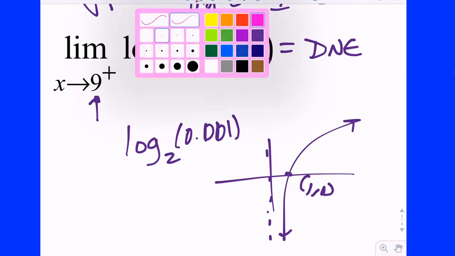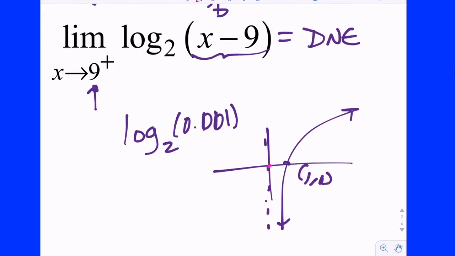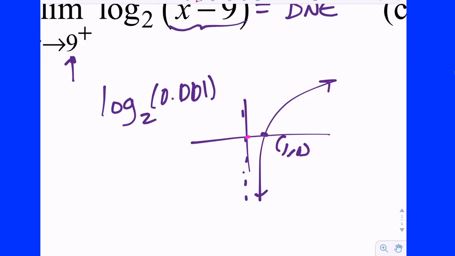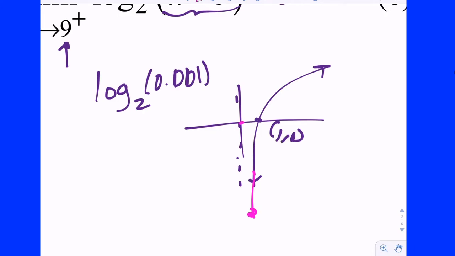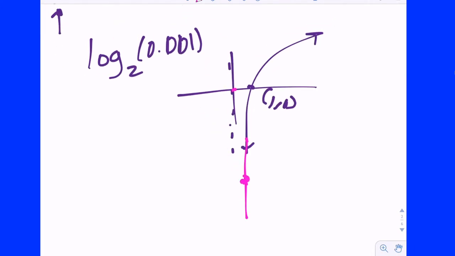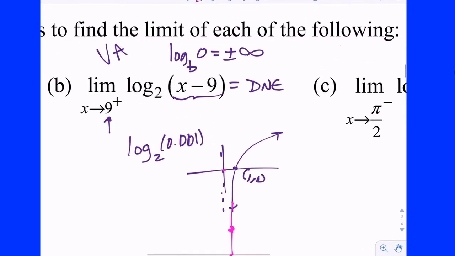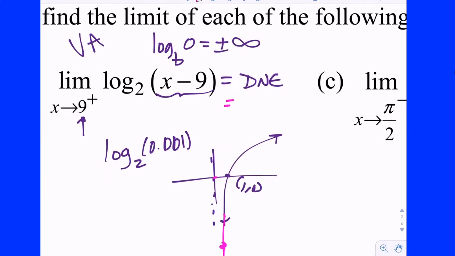And 0.001 is going to be just to the right of the vertical asymptote, which puts you way down there for a y value, yes? And if you get a little bit closer, then it's going to be even further down. So guess what the answer is? When you're just to the right of the vertical asymptote here, you're at negative infinity.